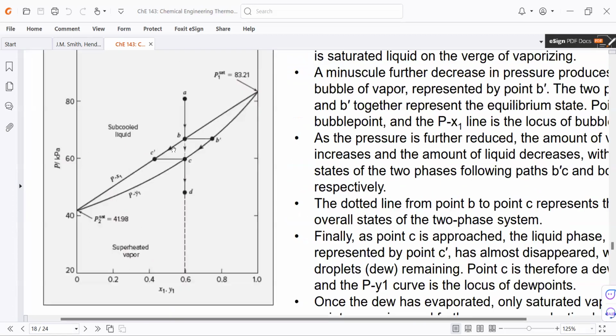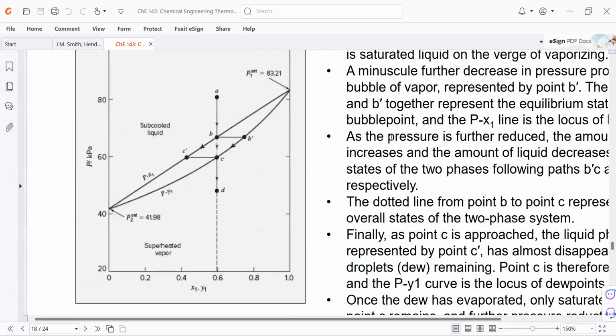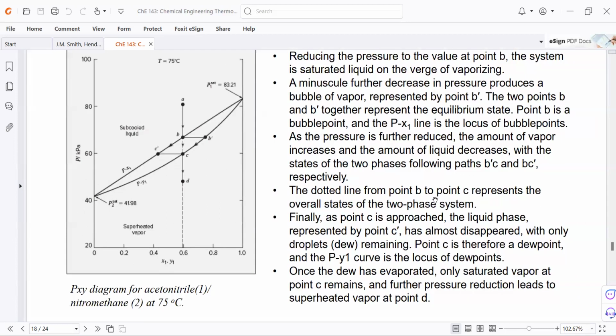So it just means that as we move down and we enter the region inside the curve, the liquid phase is represented by the points on B C prime, while the vapor phase is represented by the points on the B prime C. Okay. Next, the dotted line from point B to point C represents the overall state of the two-phase system.